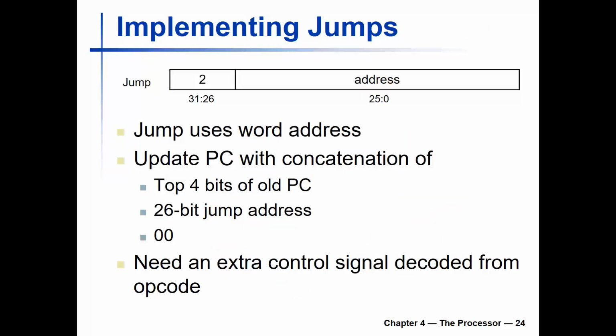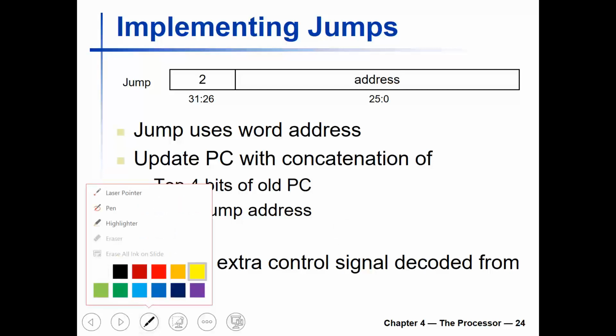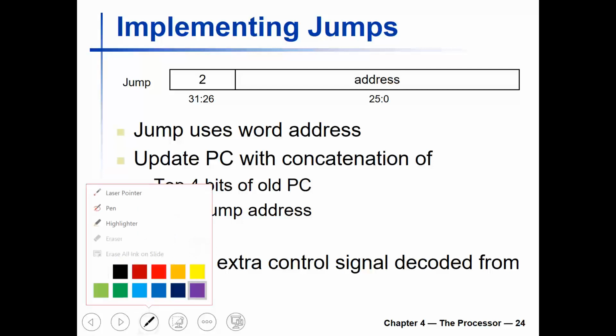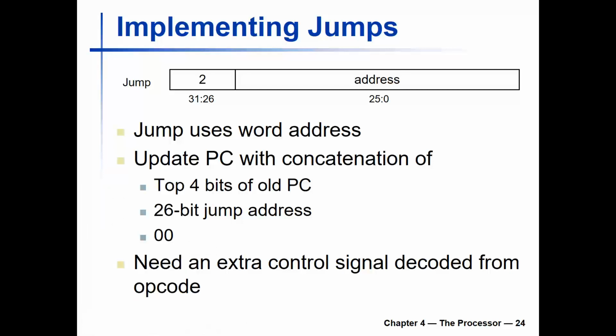The jump instruction is another story, because for the jump instruction we need to compose the final address. Here is the jump instruction. We need to compose a 32-bit address and send it to the PC.